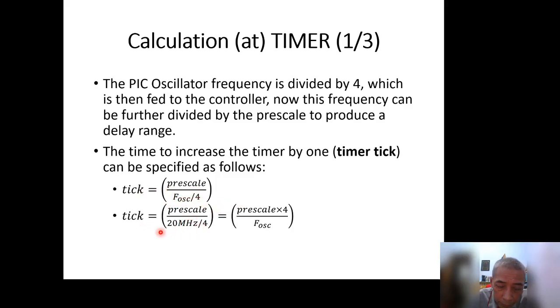Maybe you can use the oscillator as 20 megahertz. In general, the prescaler is multiplied by 4, then divided by the frequency of the oscillator itself. It's a very simple equation to calculate the timer tick. The timer tick is just like the clock itself.